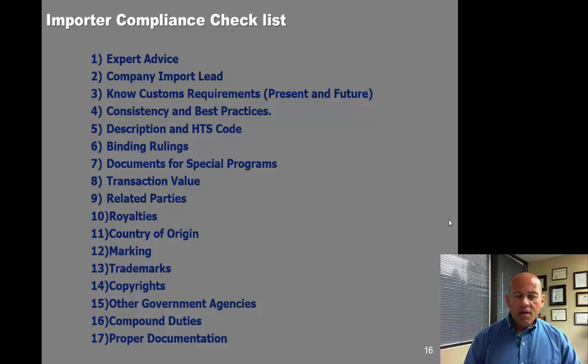Compound duties, make sure that you account for them if you're subject to them. And again, proper documentation. I can't stress enough the importance of documentation. Over 7% of international trade value is wasted from bad documentation.